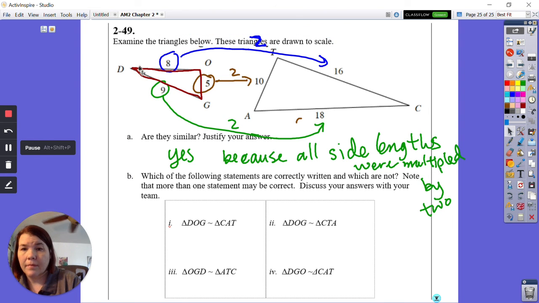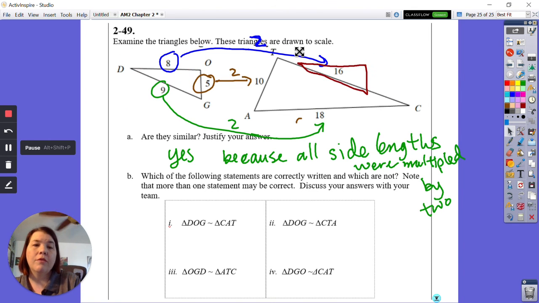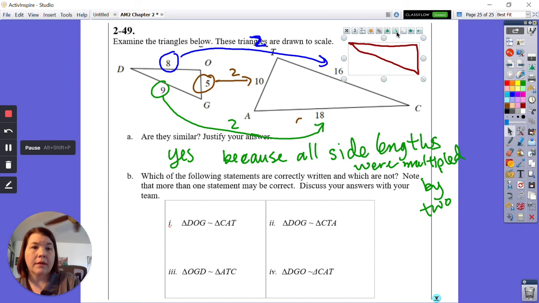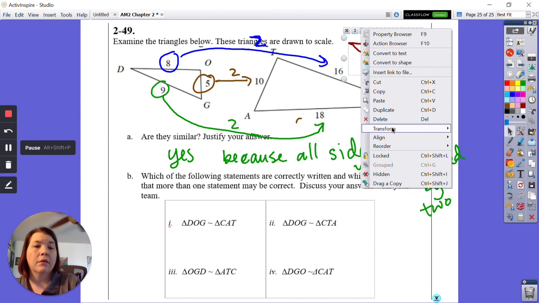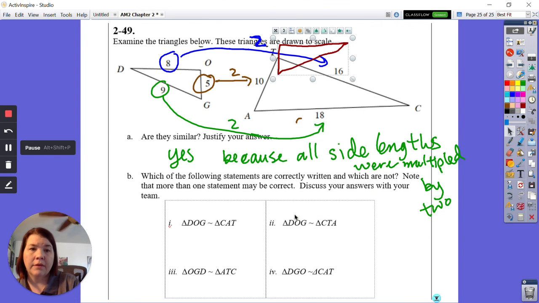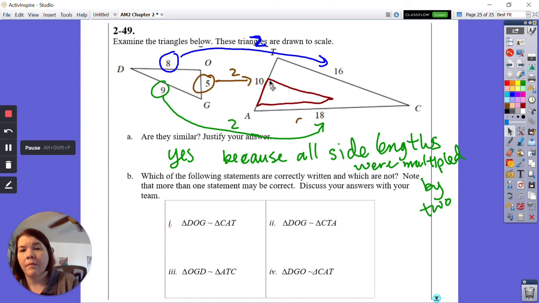So that comes right here. Transform, flip in y-axis. Okay, and then I'll have to angle it so that it fits in the angles. I'm going to turn it. I think that's probably good. And let's grab it and see how that's the same angle. And that's the same angle, and it's off because I drew it badly. But that's the same angle. So again, I'm going to really go, yeah, I got it.